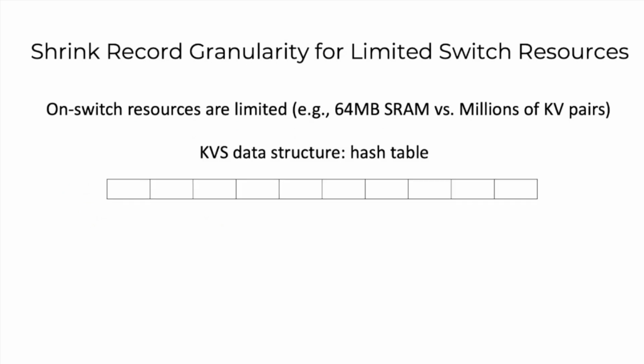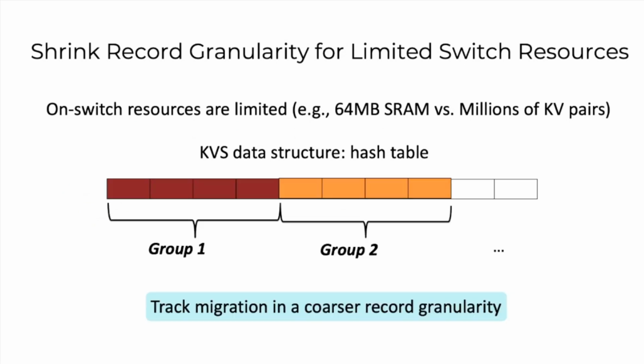The key-value store usually has a hash table data structure, and we track the migration not at the per-key level. We group several consecutive entries in the hash table as a group, and we track the migration state at the group level.